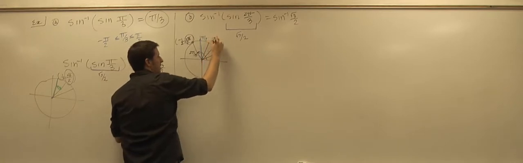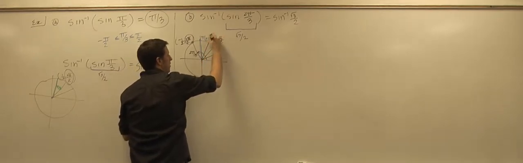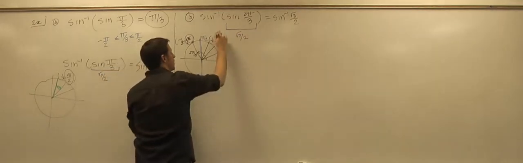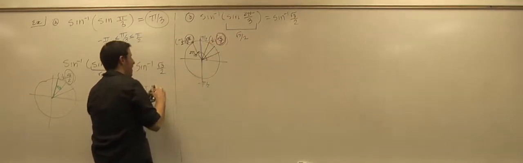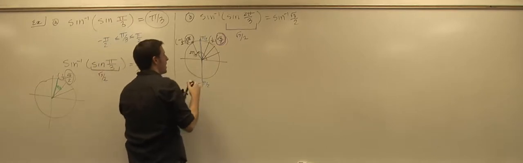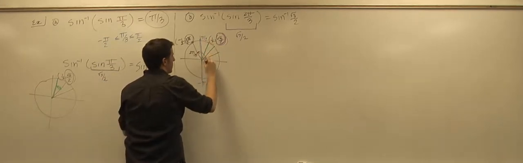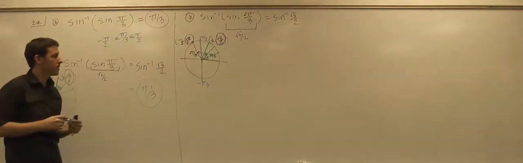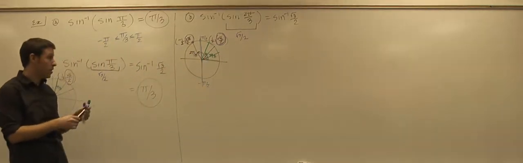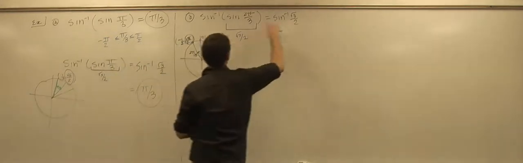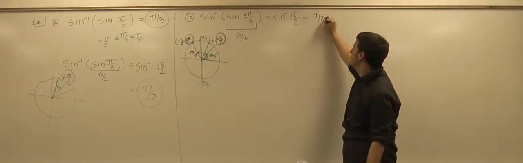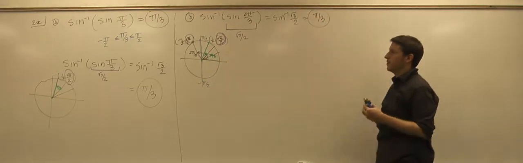So I move to this angle, and I see I have another root 3 over 2 sitting right here, but that one's at positive pi over 3. So instead of getting out 2 pi over 3, we actually got out pi over 3.